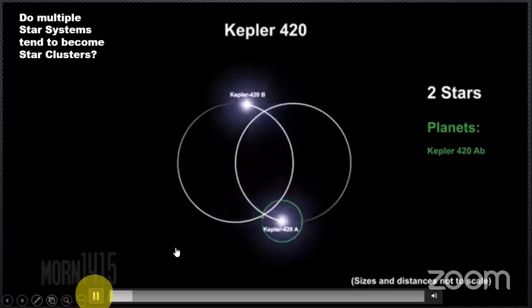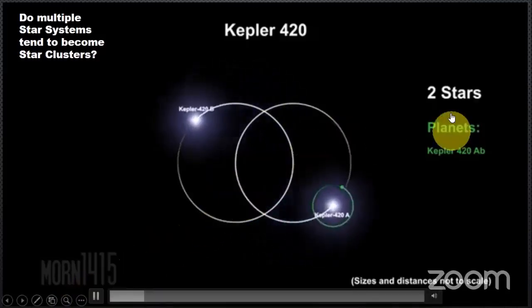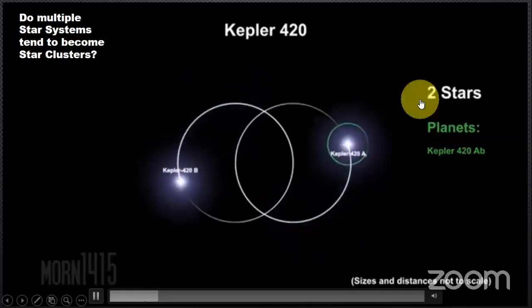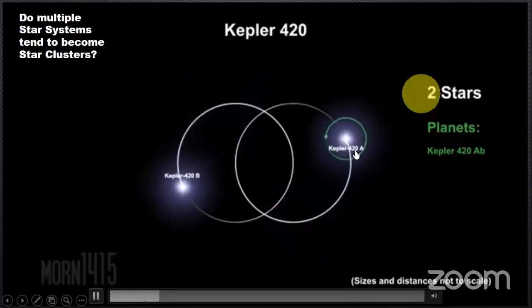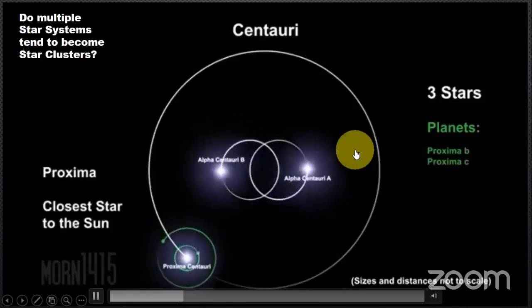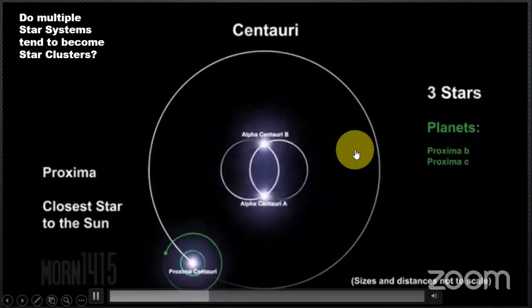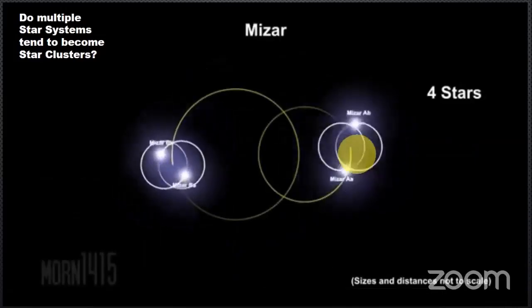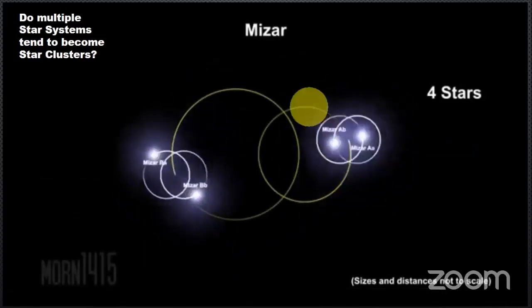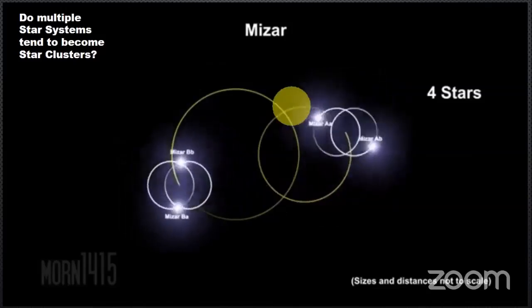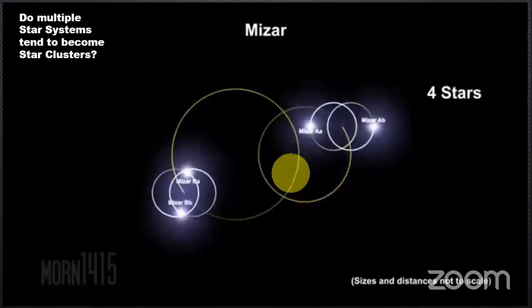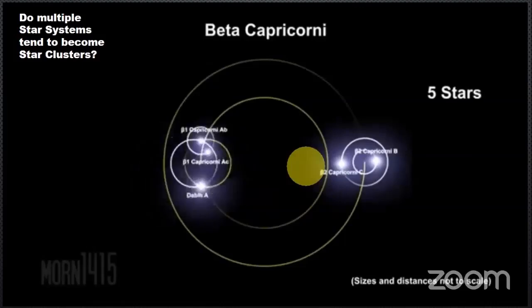So let me show you other examples. Here is a double star, a two-star system. Here you have a three-star system. This is Proxima Centauri, the closest star system to us. Here is a four-star system. This is the line of motion of their centers of mass. Here is a five-star system.